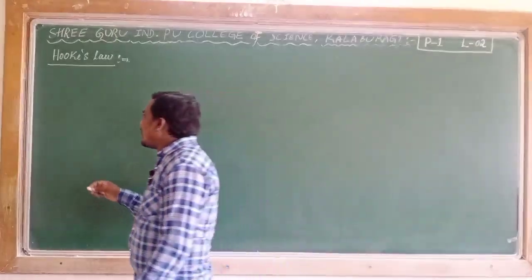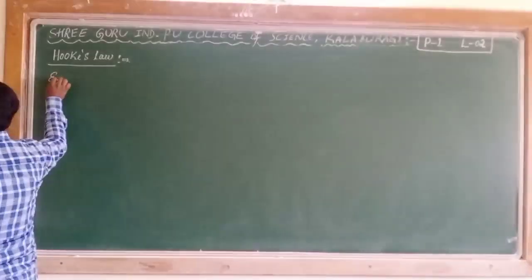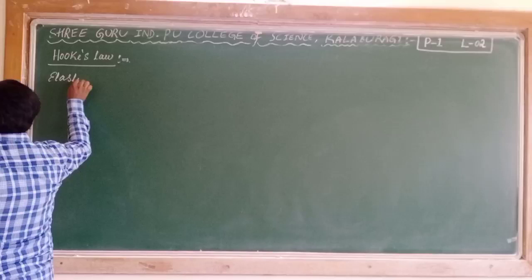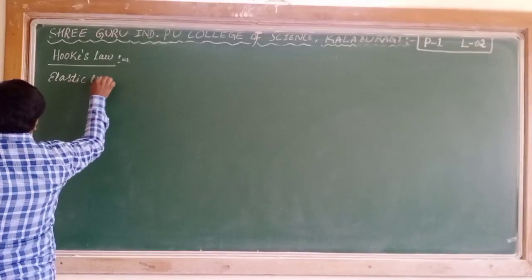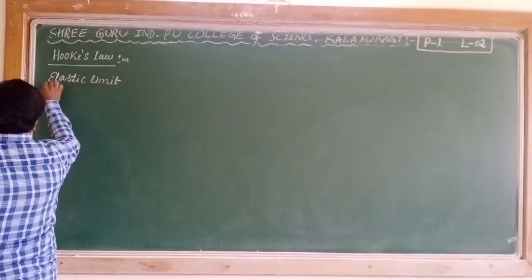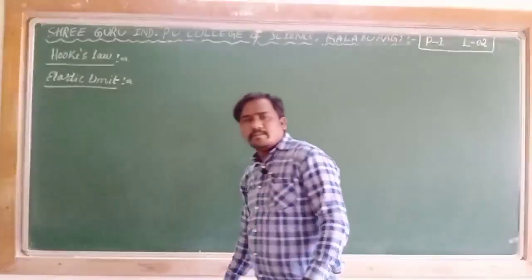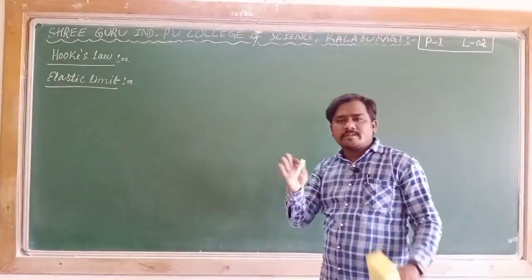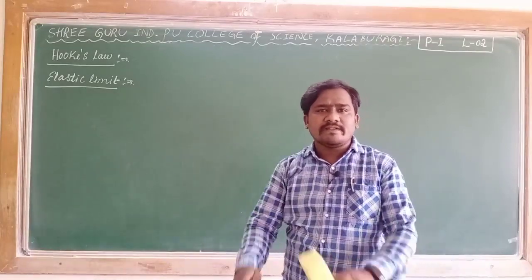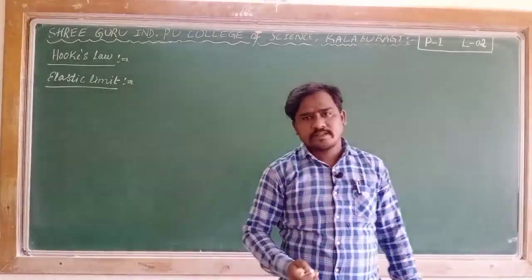What is that elastic limit? Elastic limit means, in the last class we discussed elasticity and plasticity. When an object is immersed in a liquid, the liquid also exerts a force.